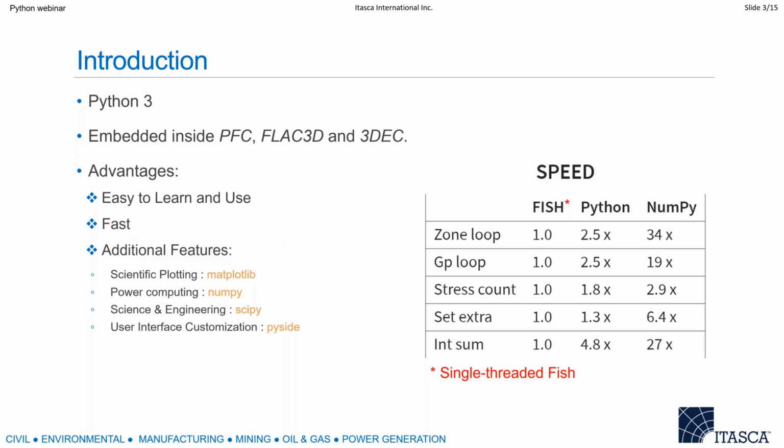We can do basically everything: optimization or interpolation with SciPy, for example, advanced visualizations with Matplotlib, or even create a user interface with PySide. In this webinar, I hope to give you some ideas to extend the capability of Itasca software with Python.